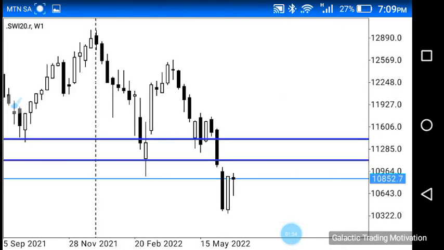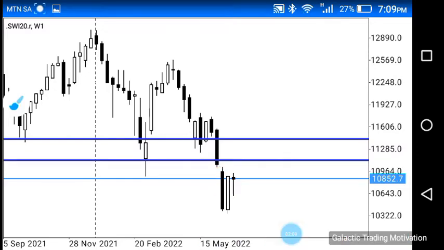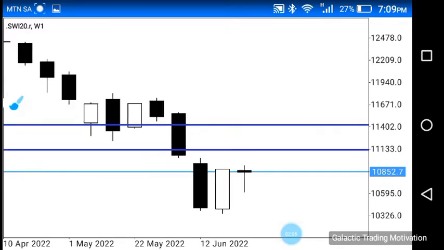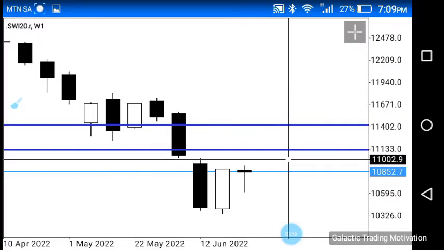Another thing that I see that is very important is the fact that we have a gap in this region, and I usually say that gaps represent liquidity. Let me make sure that the gap is properly visible. Yeah, so there we go. We do have a gap. It's very close, but nonetheless it is a gap.